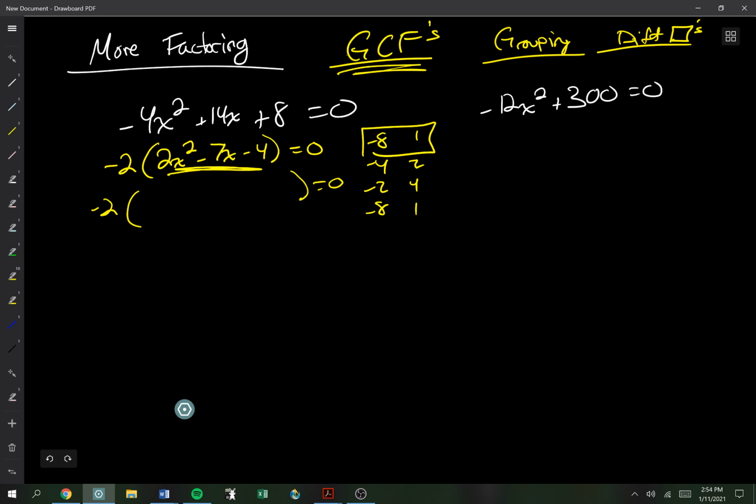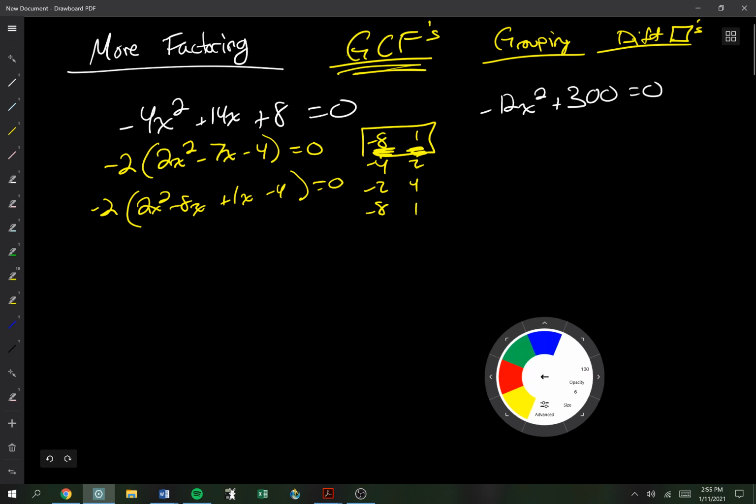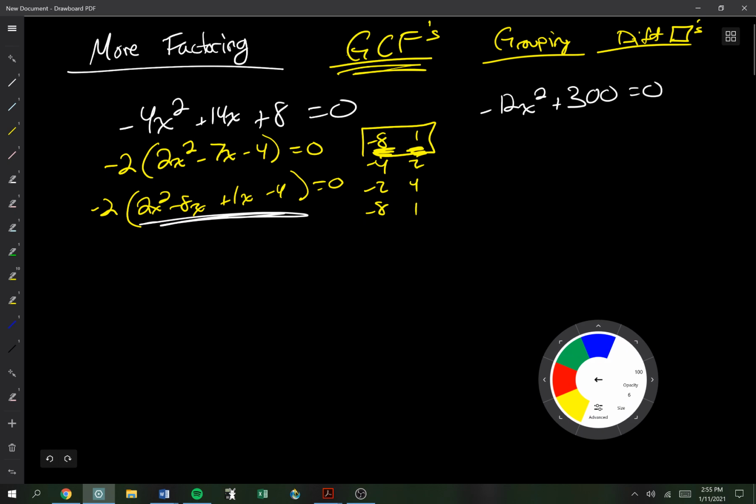Inside, I'm factoring this now. Inside here, I'm going to have 2x squared minus 8x plus 1x minus 4. Now I'm factoring by grouping with just this stuff inside the parentheses. The negative 2 just sits there and the 0 just sits there.